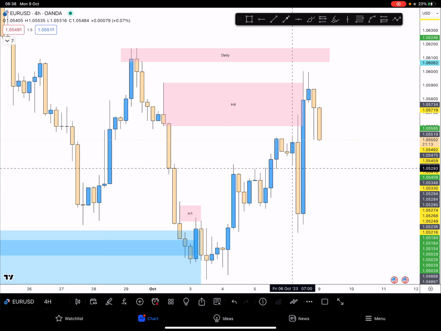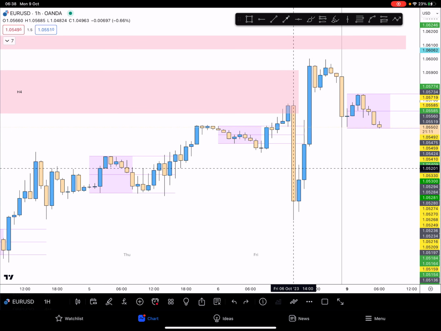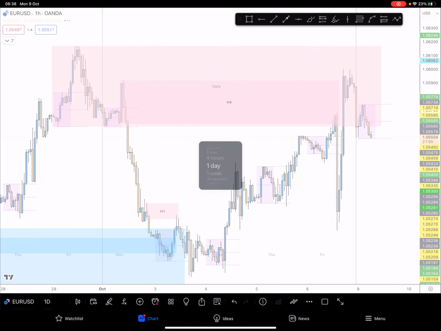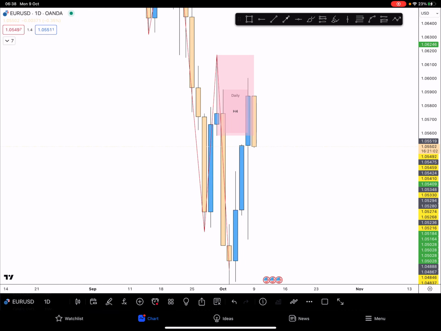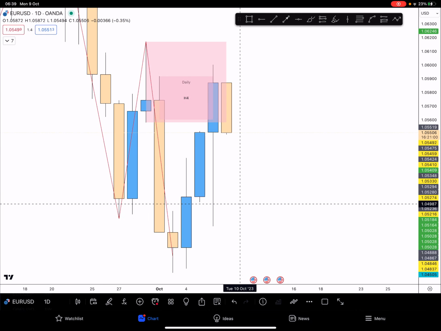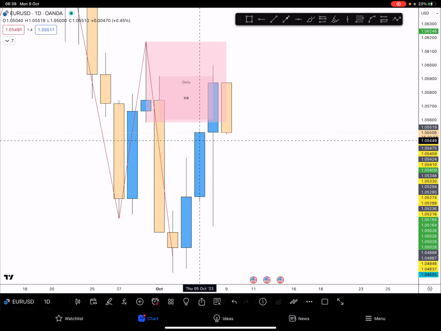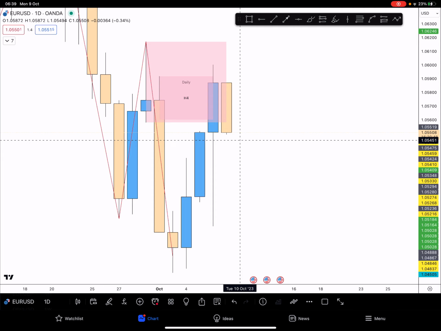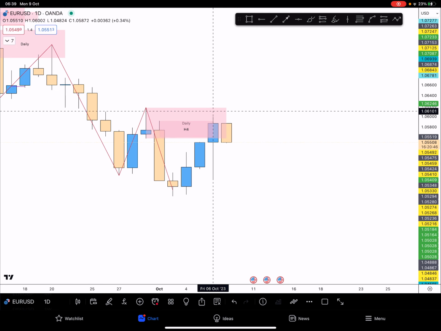So right now, what is actually happening is we are having a daily reaction. Now, the thing that has happened on H4, we're having it on a daily. So we tap into the daily more than 50%, and then this candle that is dropping, this is the reaction of the daily reaction.